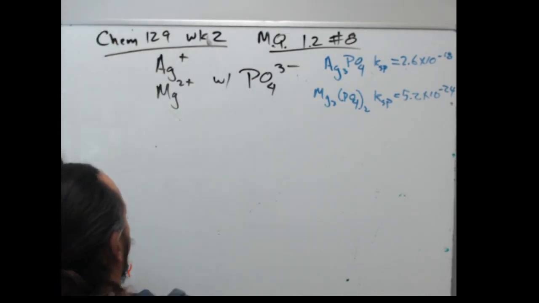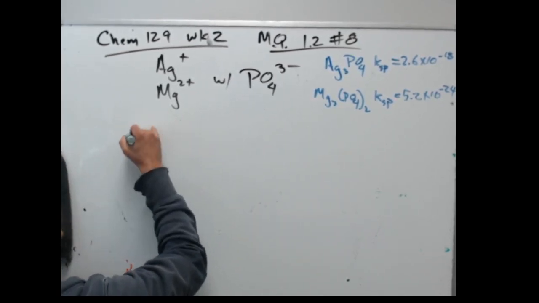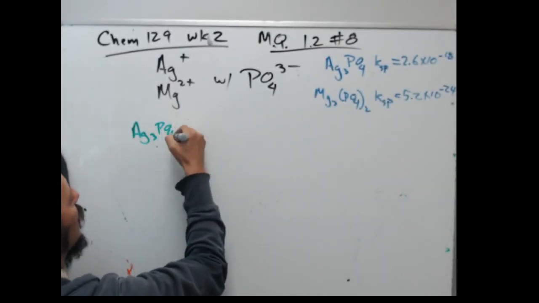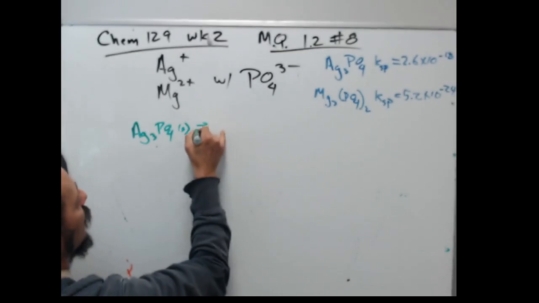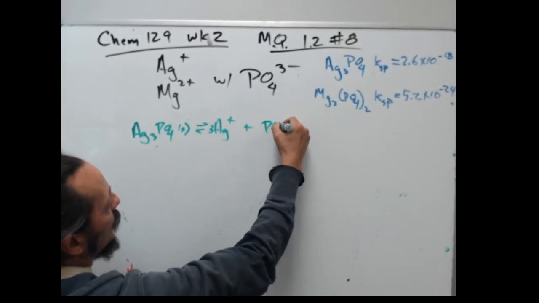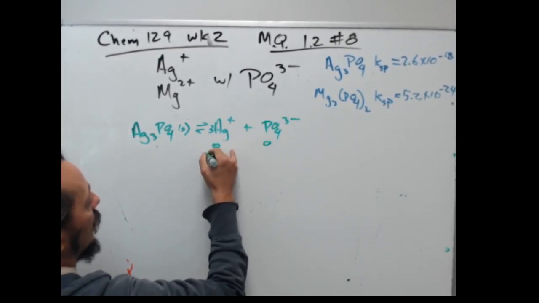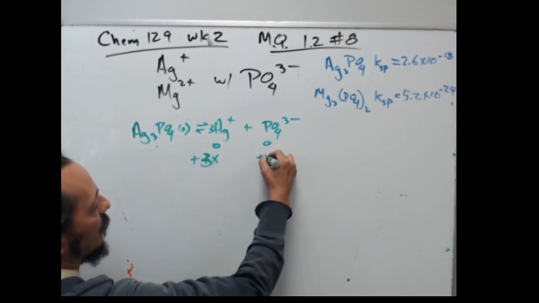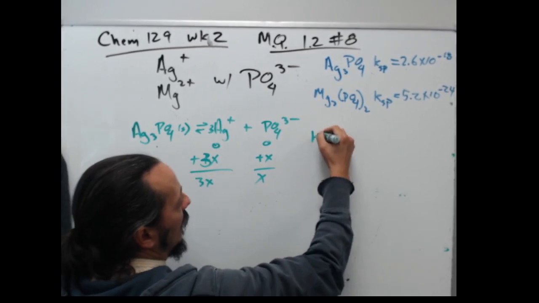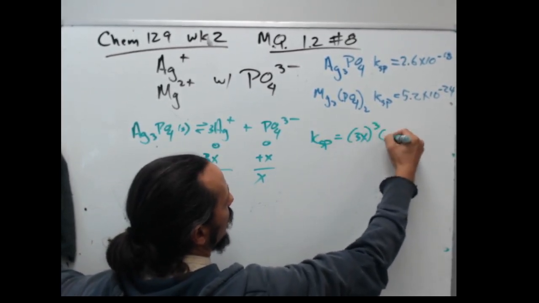And that's because if we do the solubility table for silver phosphate, Ag3PO4 solid goes to 3Ag+ plus PO4 3-, starting at 0 and 0, plus 3x and plus x, giving 3x and x. We're going to end up with KSP is equal to (3x) cubed times x.